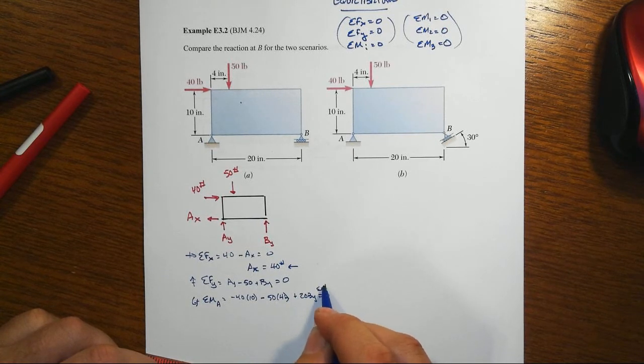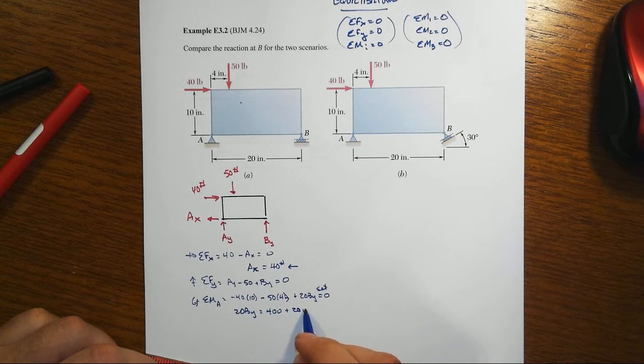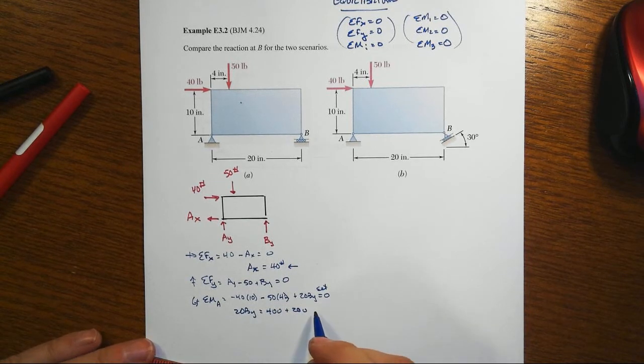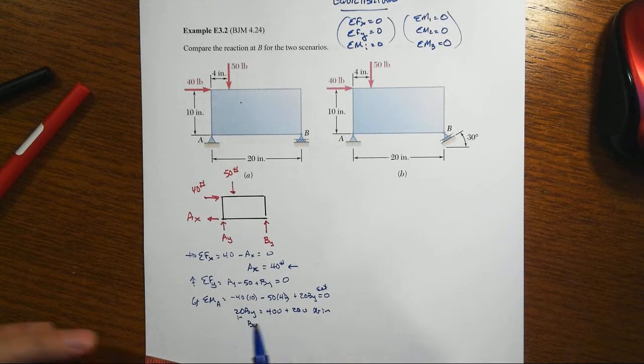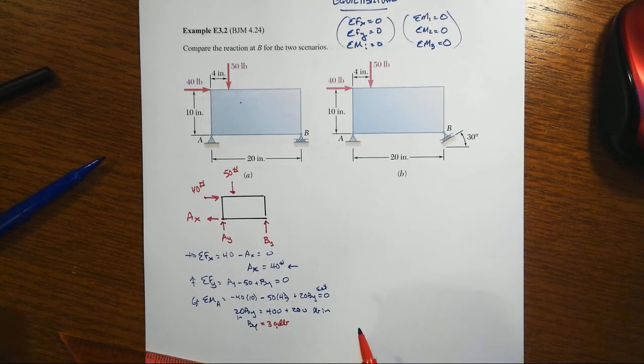Set that equal to 0, and that one went much better, right? 20 BY is going to be equal to 400 plus 200, that's 600. The units are pound inches, and we've got inches here, so BY is going to be equal to 600 divided by 20, or 30 pounds, right? 600 pound inches divided by 20 inches will give us 30 pounds.